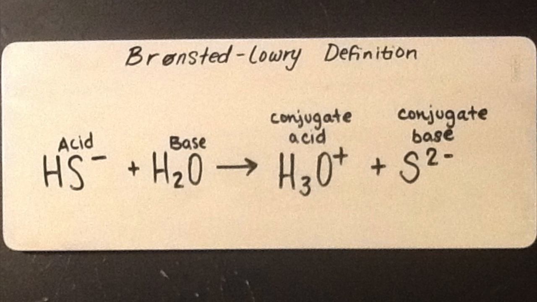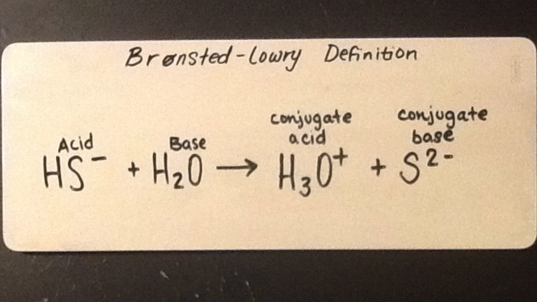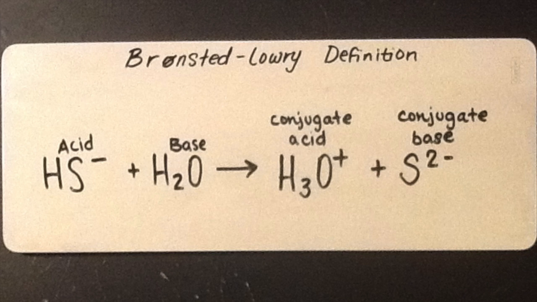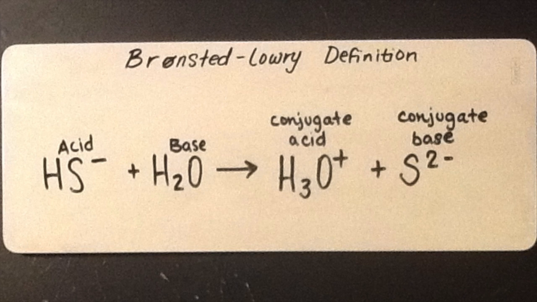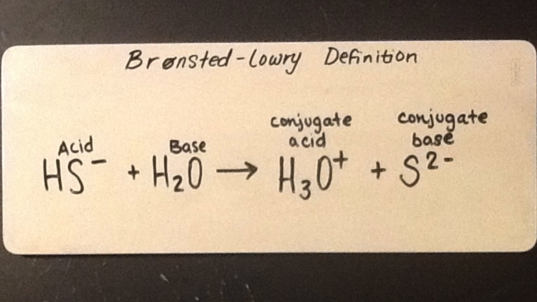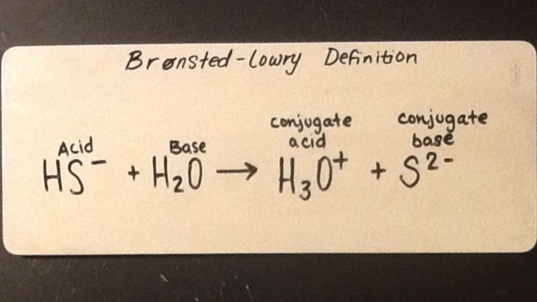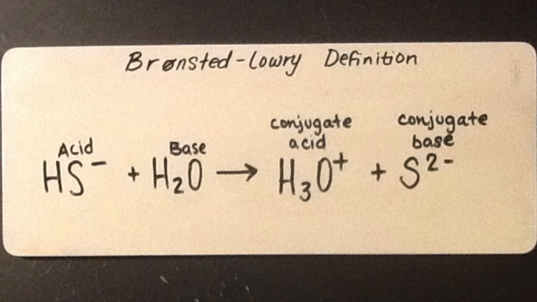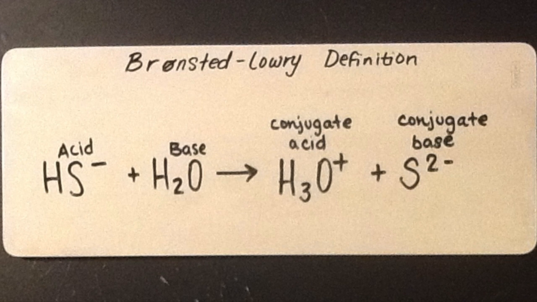So now we're just going to simplify so you can see how we do that. All right, so we're going to rewrite step 2. Again, we're going to have HS minus as our acid, H2O as our base, but on the other side, since we could technically go backwards, like we showed in the reverse reaction, in reverse, H3O plus acts like an acid. So we call it the conjugate acid in this case.